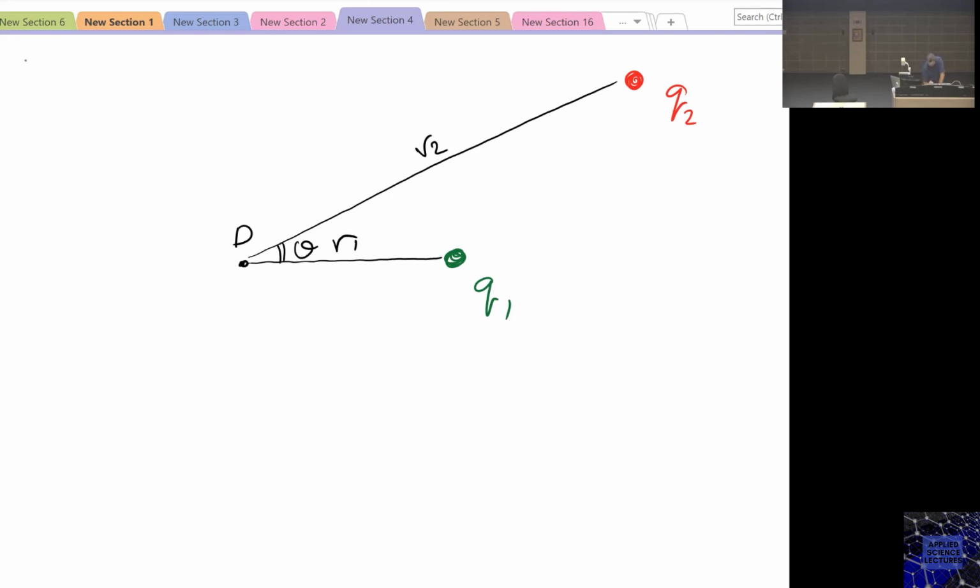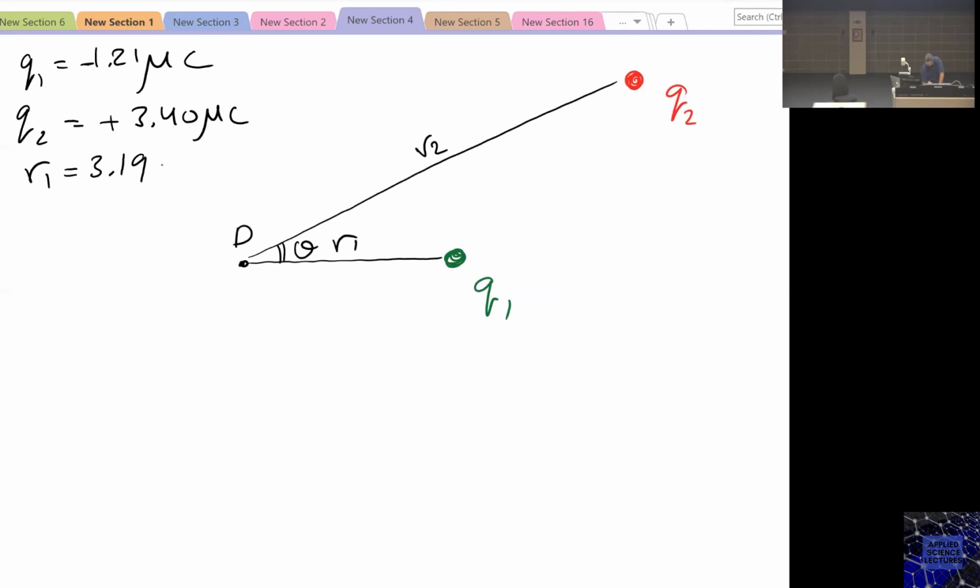So I have here Q1 as minus 1.21 microcoulomb, Q2 as positive 3.40 microcoulomb, R1 as 3.19×10^-6 meter, R2 is 6.83×10^-6 meter, theta is 30 degrees.